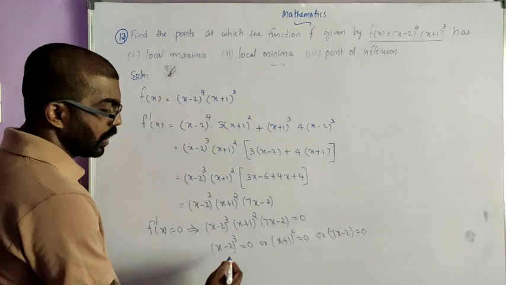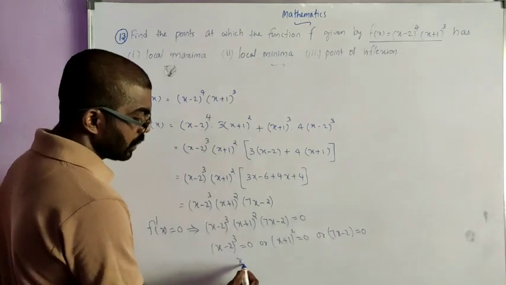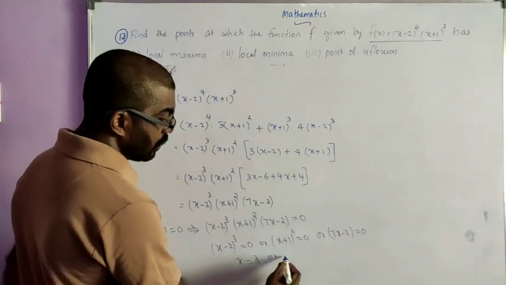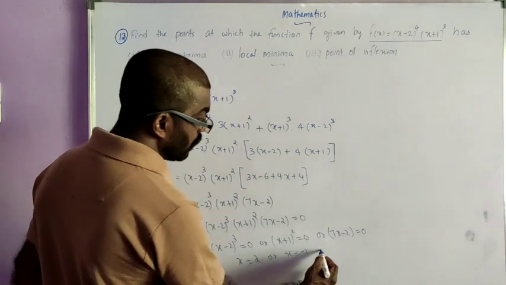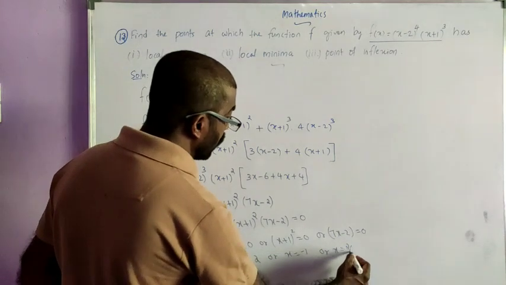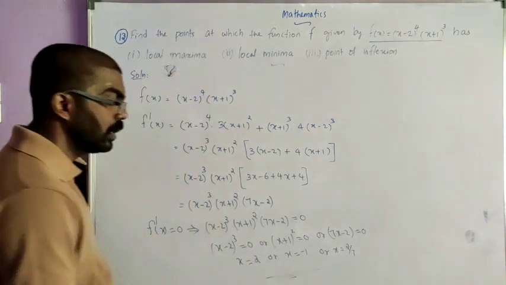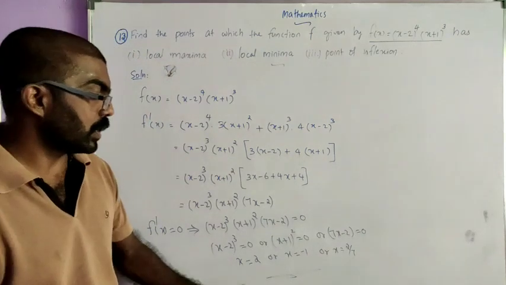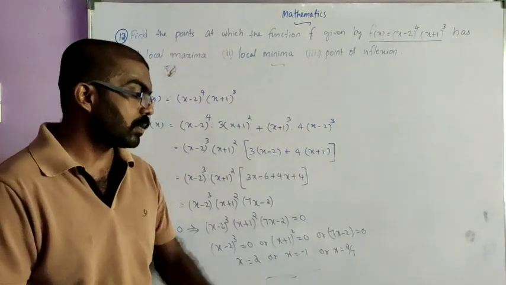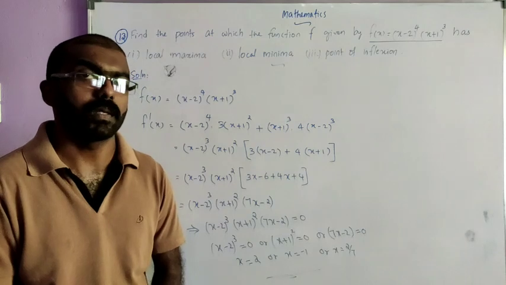From this we can find the values of x. Here x equal to 2, or x equal to minus 1, or x equal to 2 by 7. So these are the critical points. The values of x are 2, minus 1 and 2 by 7.